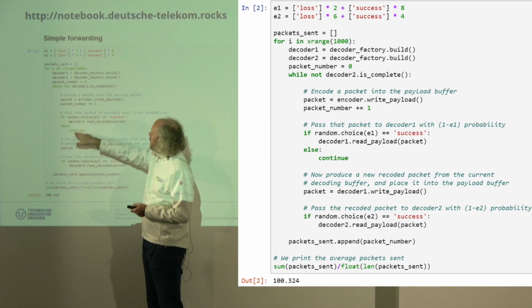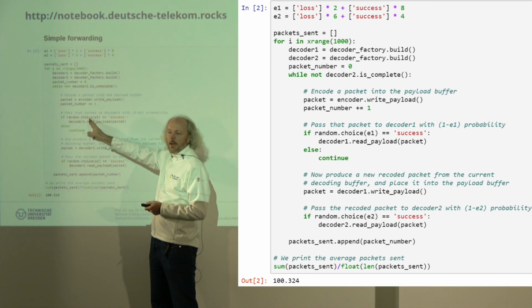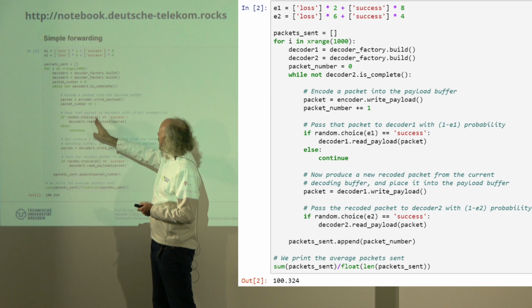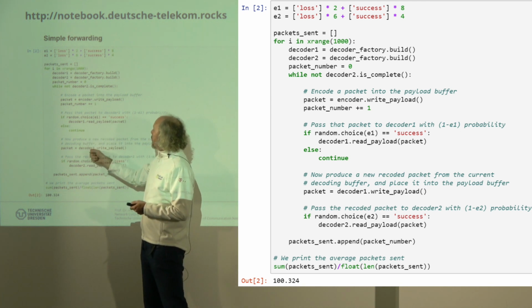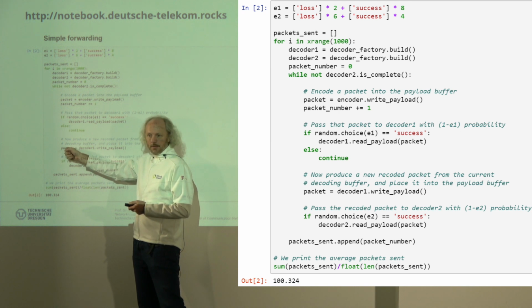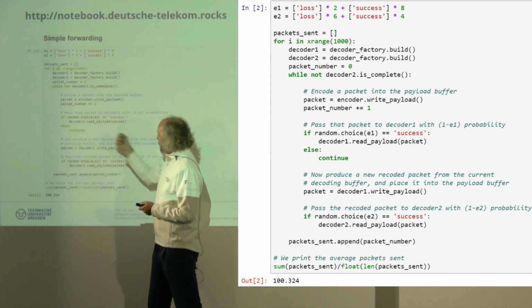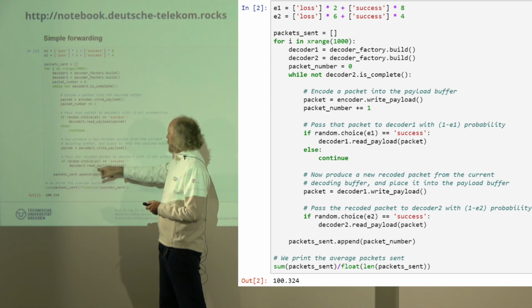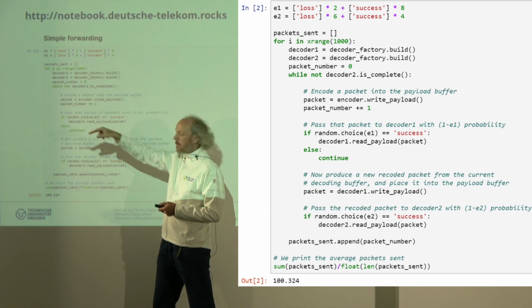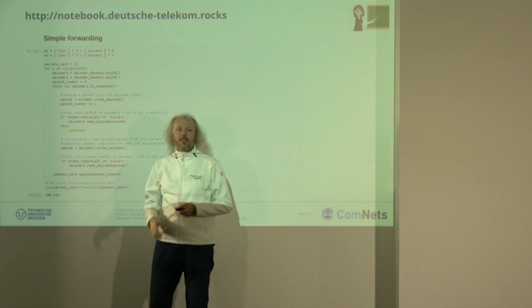You see, this means go back again in case I had a mistake. Only if I'm successful, I would go to the next one and say, now decoder 1, you give me a packet. So here you put the packets into the decoder. Now we go to decoder 1 again, give me a packet. And if there's success on the second link with epsilon 2, then you give it to the second decoder. And then you start up with the while loop again. So this is the repeater.